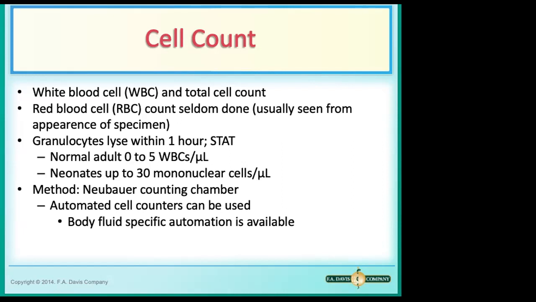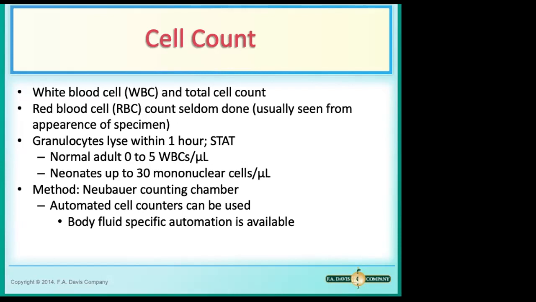So you can do a red blood cell count when that happens, and you can perform a correction for leukocytes or proteins if that is the protocol in your lab. The red cell count can also be calculated by performing a total cell count and a white blood cell count, and you subtract the white blood cell count from the total cell count, and that gives you the red cell count, okay?